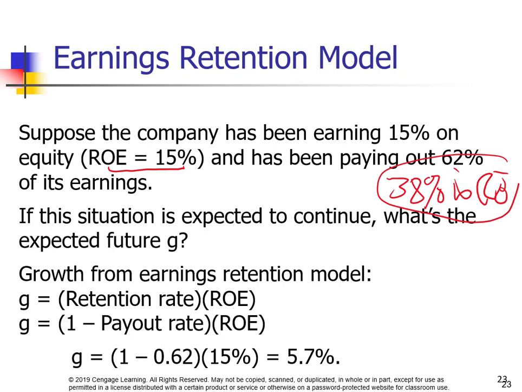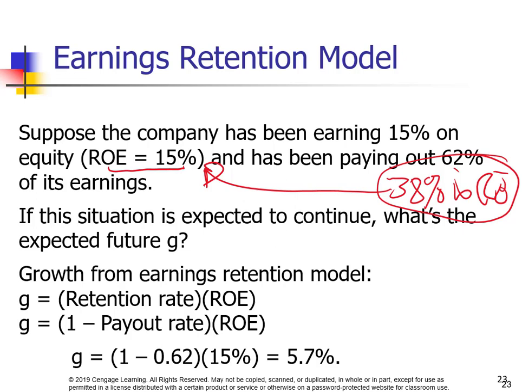The money that's kept is earning this rate of return. So the idea is multiply what it earns by how much is kept, and that will give you a growth rate of those reinvested funds.